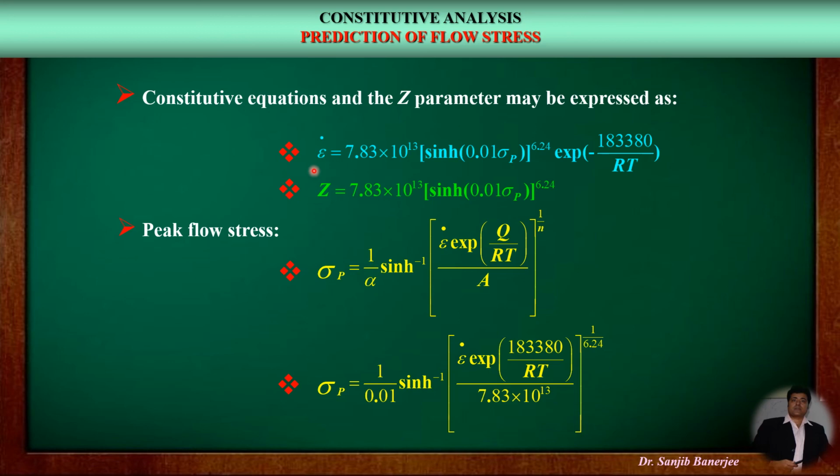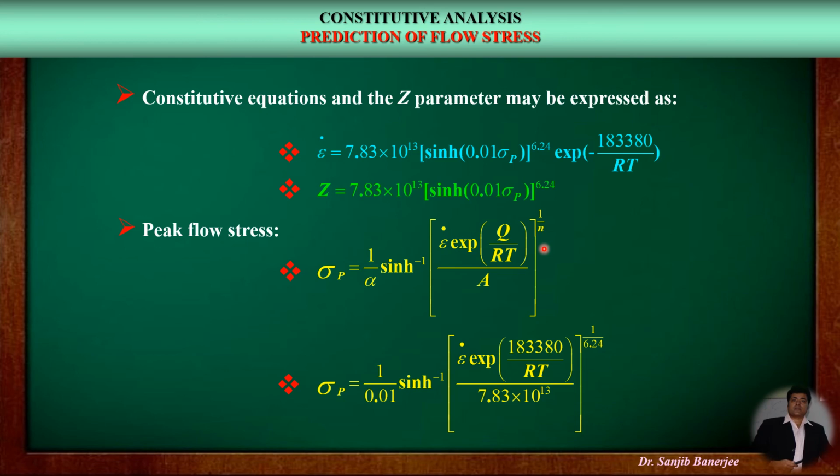Now, from the main constitutive equation, if we bring the peak flow stress sigma p to the left hand side, it can be represented by all other parameters. Here in this equation, we can substitute the values of stress multiplier alpha, the activation energy for deformation Q, and the constitutive constants A and n.